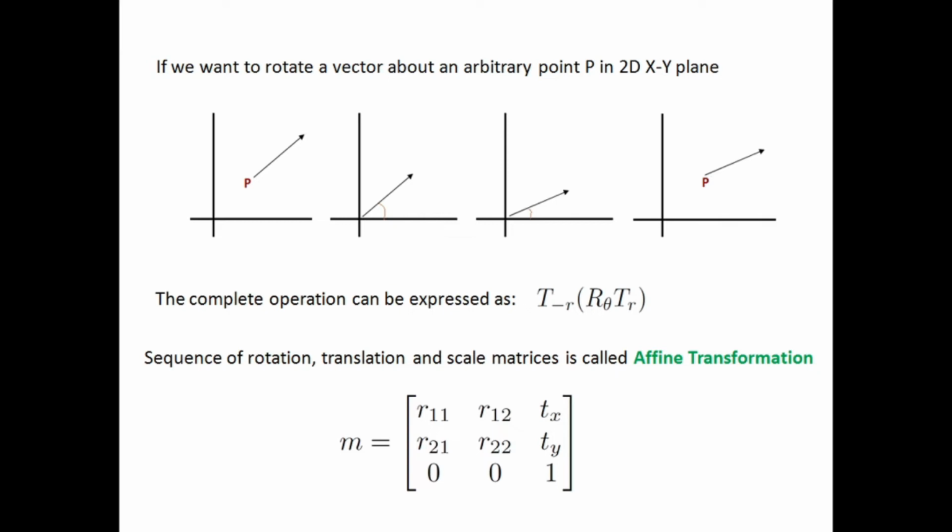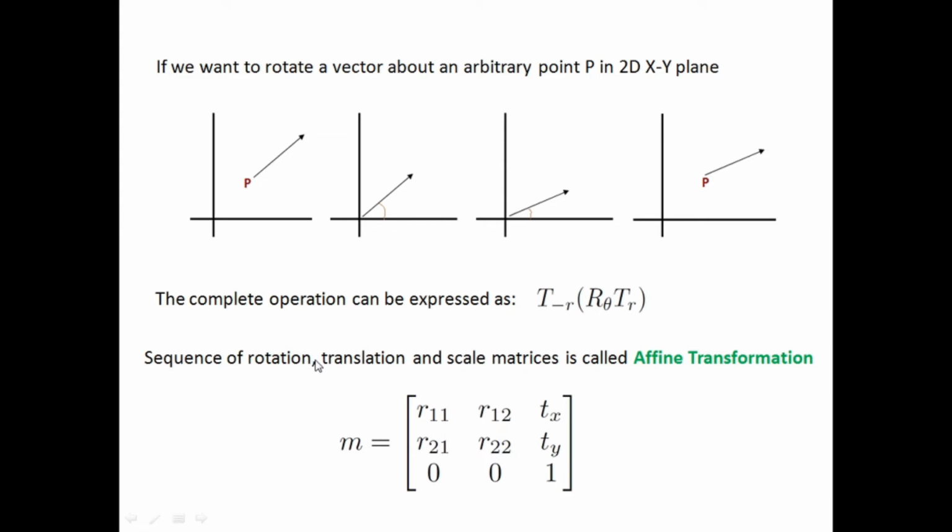So finally, I am explaining the complete operation by using this expression. First it is undergoing some translation, next it is undergoing some rotation, finally it is again undergoing the translation in the reverse direction. Because my task is completed, again I have to go back to my home, right? That means the translation is in reverse direction. This is what is happening here.